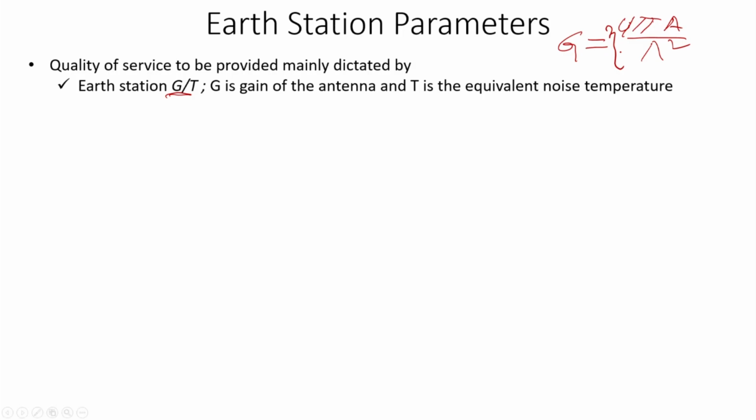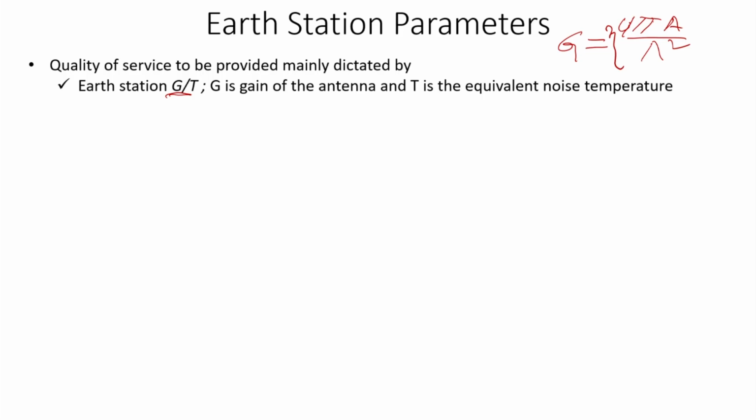Here eta is the efficiency, A is the aperture of the antenna, this is the dimension, and lambda is the wavelength of the electromagnetic signal that is transmitted or received.